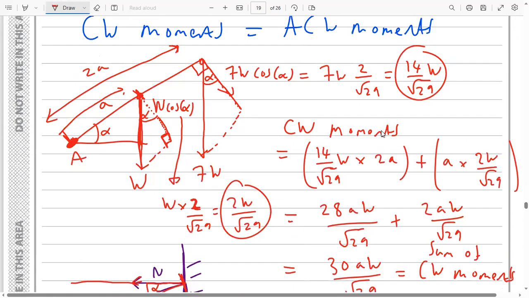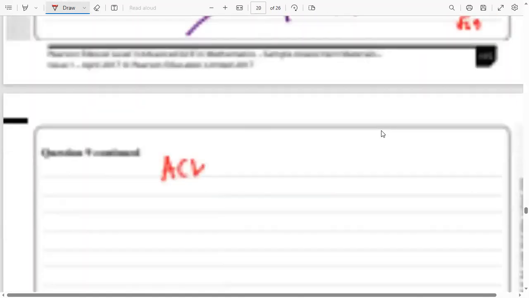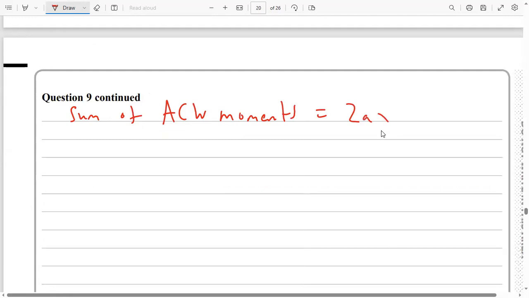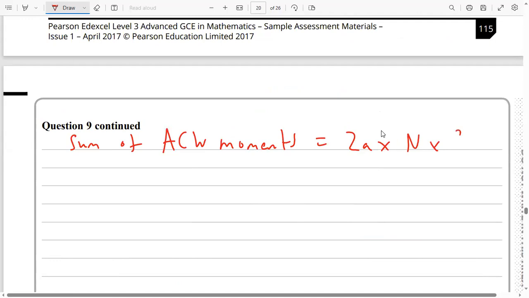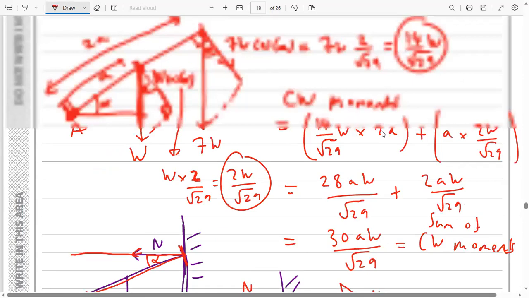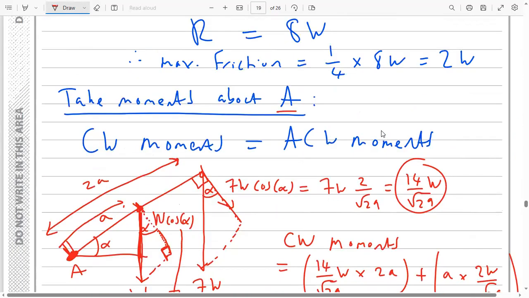So it's 2A times our perpendicular force, which was N times 5 over root 29. Simplifying, 2 times 5 is 10, so you get 10AN over root 29. That's our anti-clockwise moment. Anti-clockwise moment equals clockwise moments because it's in equilibrium.